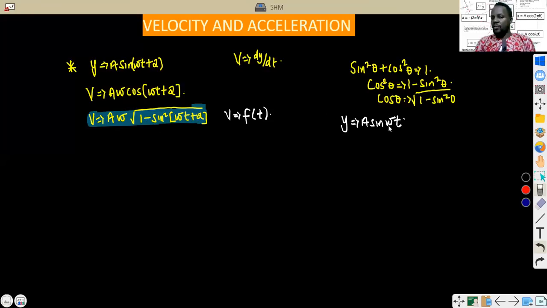So if I make sine of omega t the subject, sine of omega t is equal to y over A. That is what I want to do here, my dear students. So now I have sine square of omega t plus alpha.